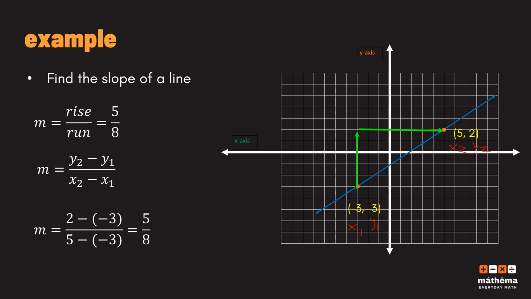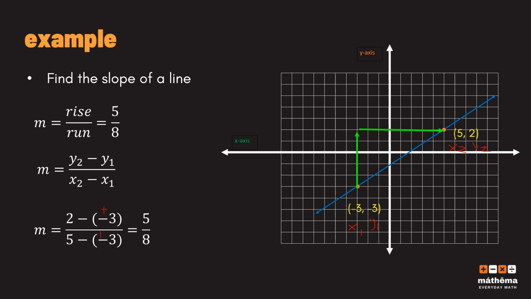Alright. Now, y sub 2 is again 2 minus negative 3. And then x sub 2 is 5 minus still a negative 3. So this will become what? 2 minus the negative, this will become positive. Right? It will become positive.